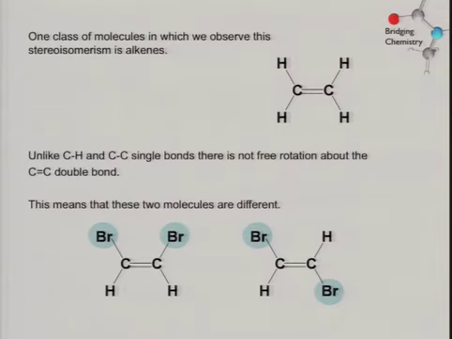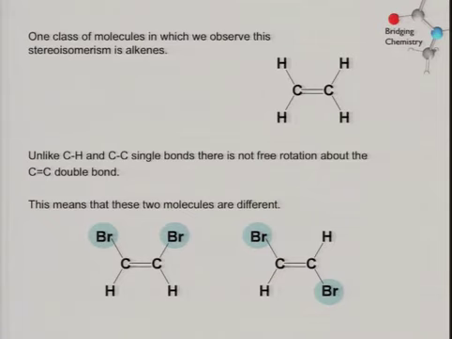So these two bromines are always next door to each other. These two bromines are always on opposite sides to each other, right? So they're different molecules. They're isomers. But because that difference is only about how the bits of the molecules are arranged in 3 dimensions, these are examples of stereoisomers.